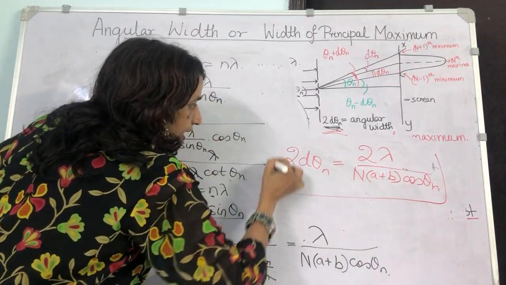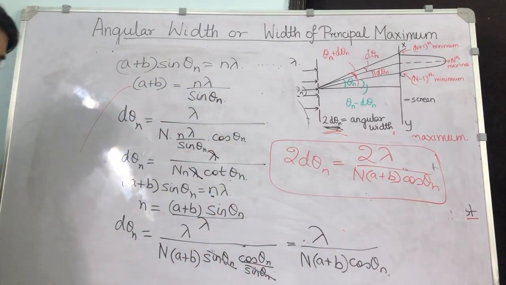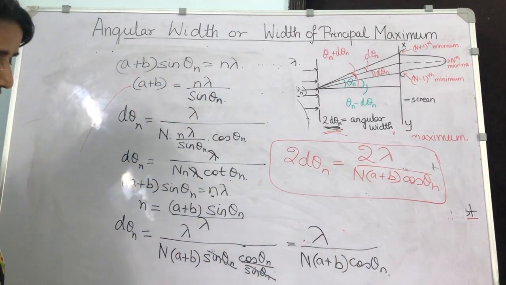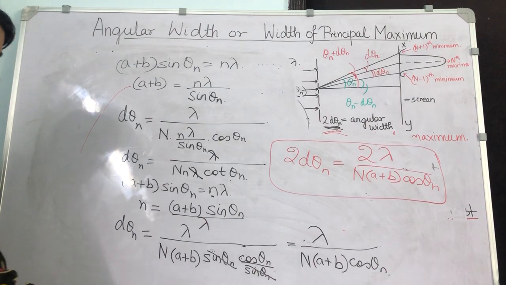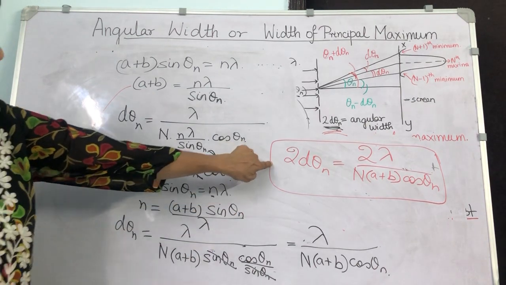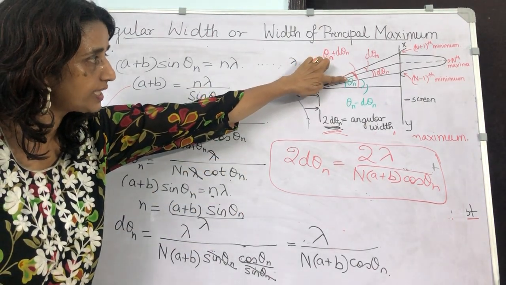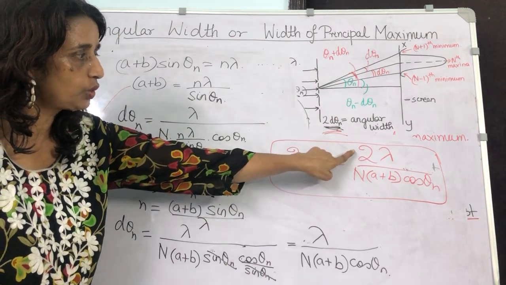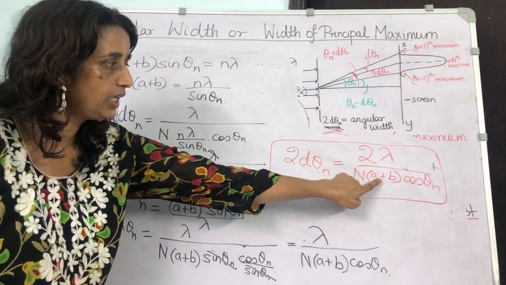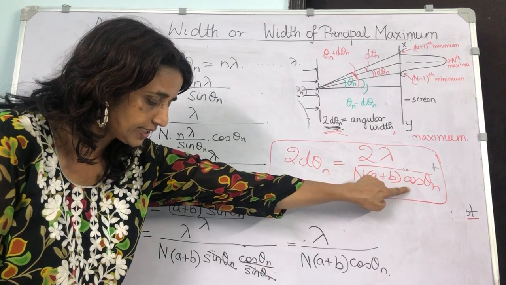Now we can take out some very good conclusions from this expression. See, the angular width is 2dθn, and it is coming out equal to 2λ / (N(a+b) cos θn).